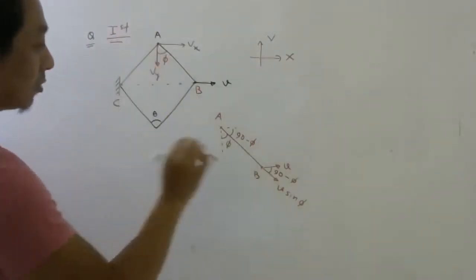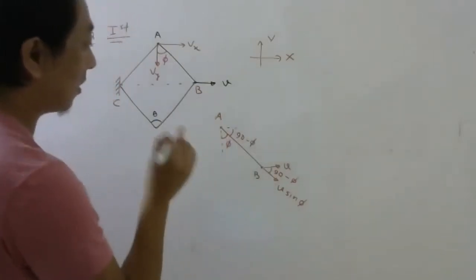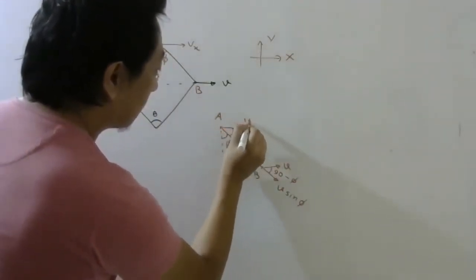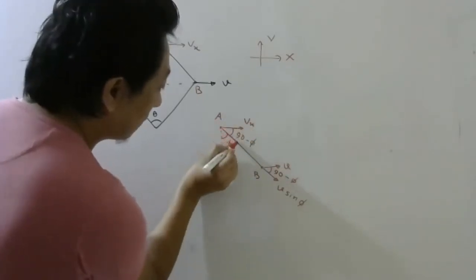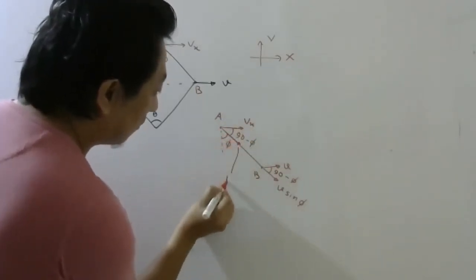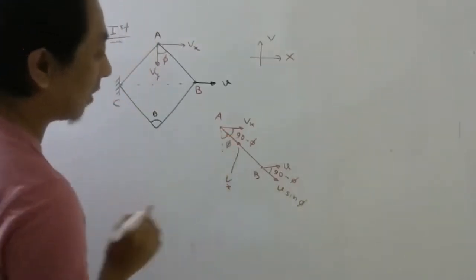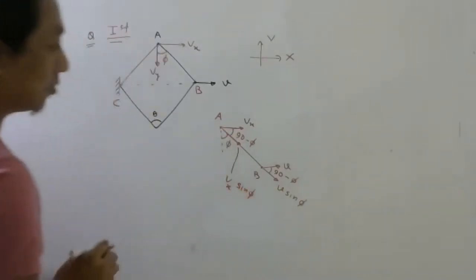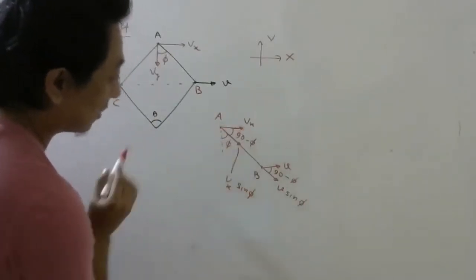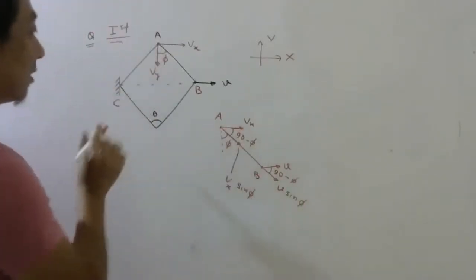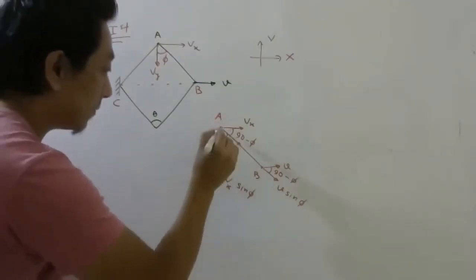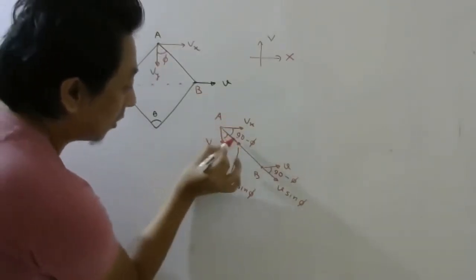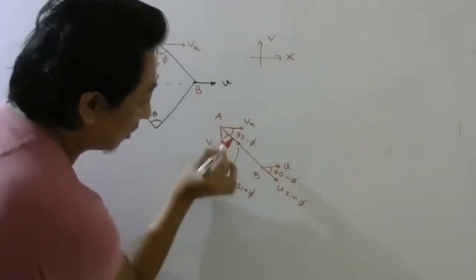Now this point has two velocities, vx here, vy here. If I take the component of this vx along the string, that will be vx cos(90 minus phi), which will be vx sin phi. Similarly for vy, let me take the component of this vy along the string.